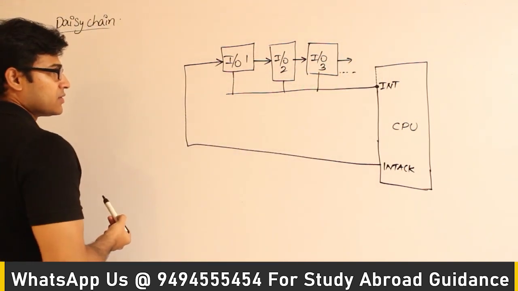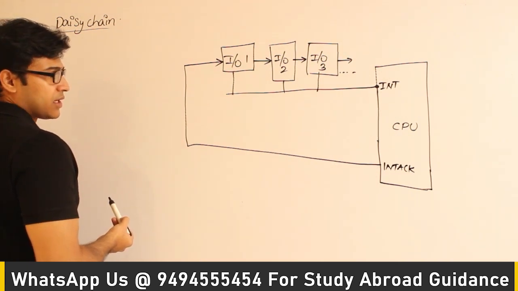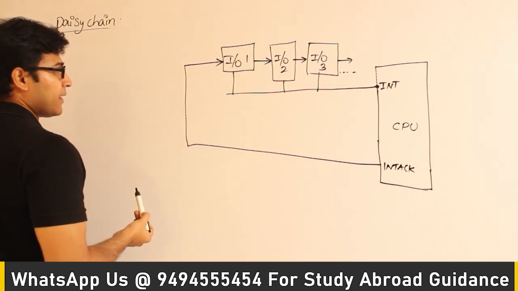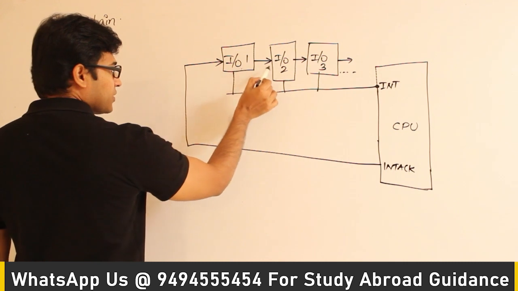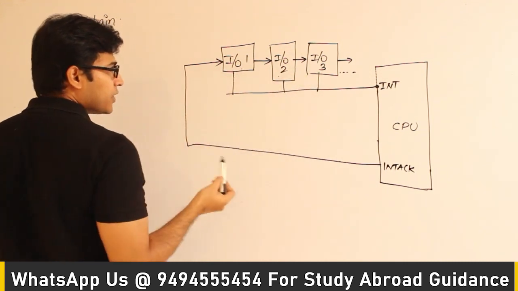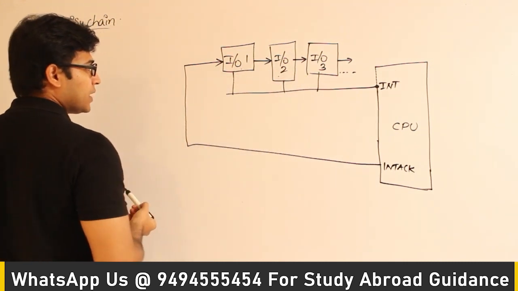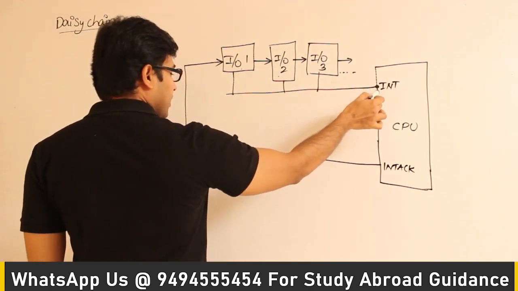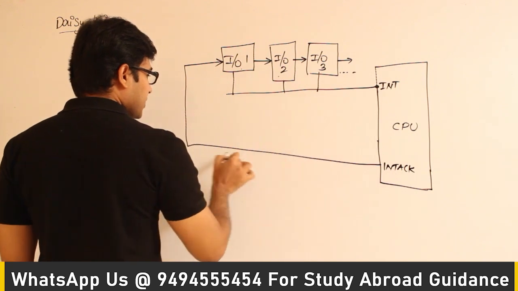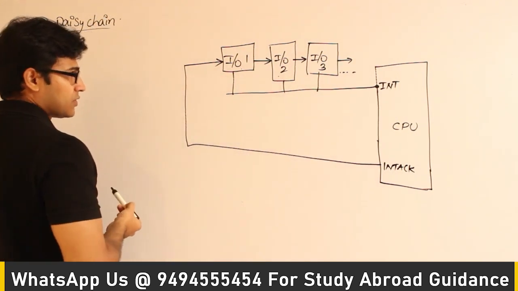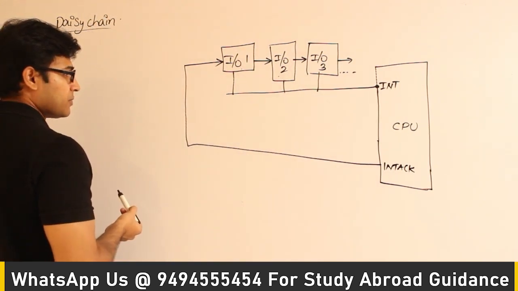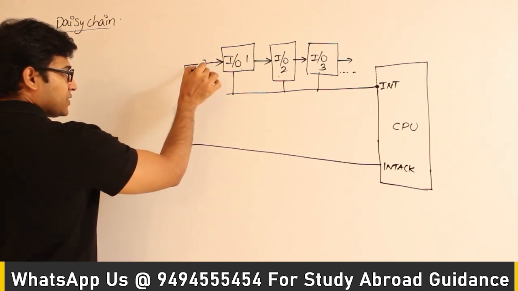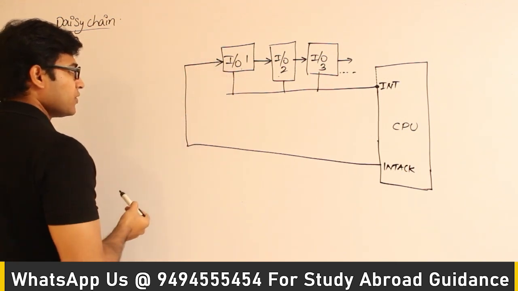Now what is the advantage of using this type of connection? See this. Assume that IO device 1, 2, 3, all of them have raised the interrupt. Then we are going to see the interrupt here. Now we are sending the acknowledgement and we don't know which device has actually raised the interrupt. Then we send the acknowledgement to IO device 1.